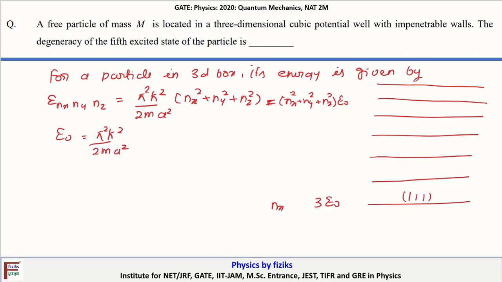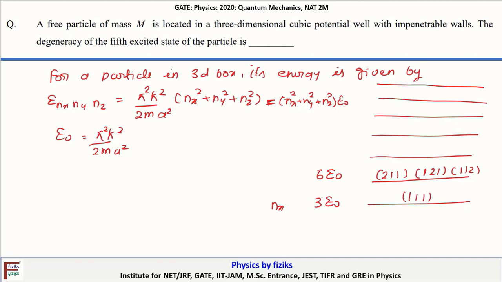Now the next state would be 2, 1, 1. Energy corresponding to this state would be 6 E0, and eigenstates would also be 1, 2, 1 and 1, 1, 2. That means 3. Degeneracy of the first excited state is 3.